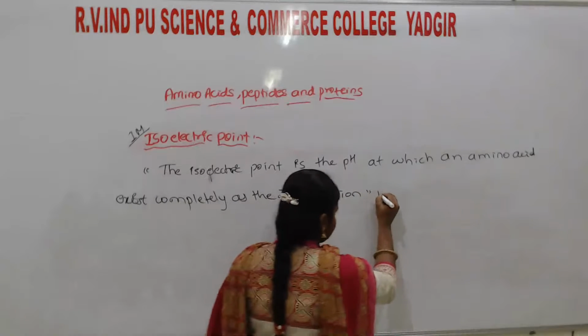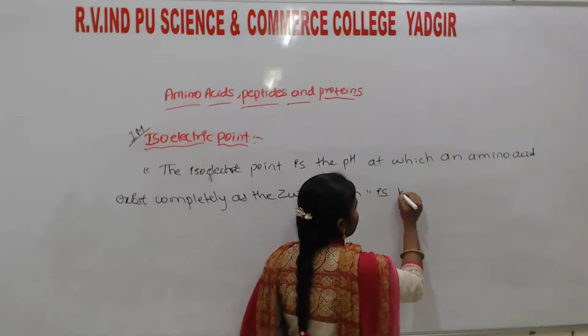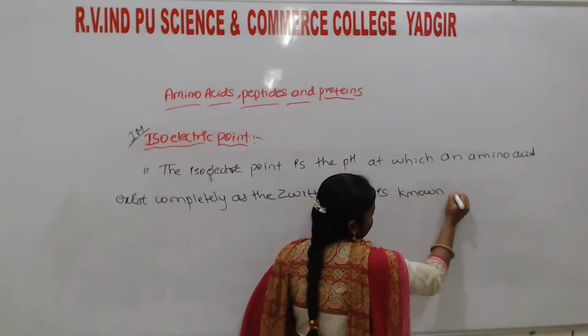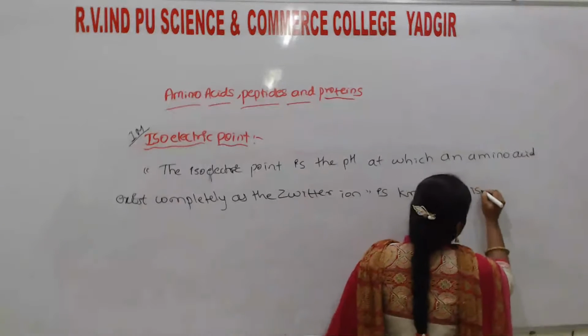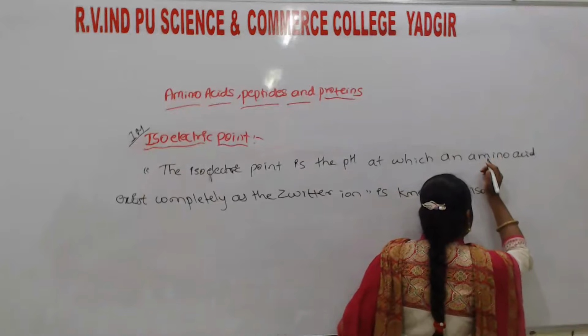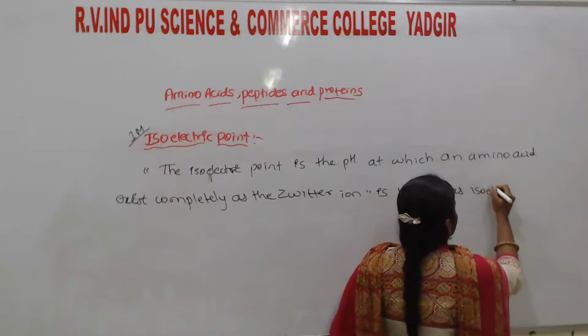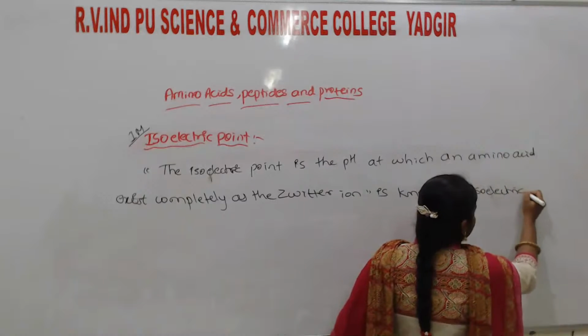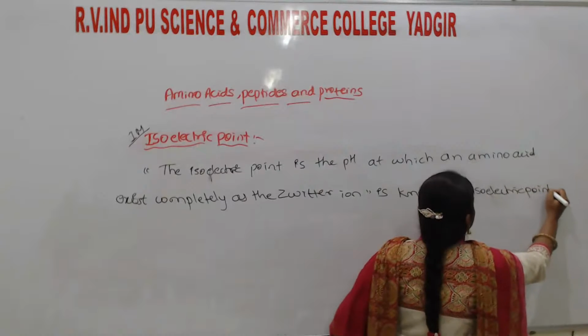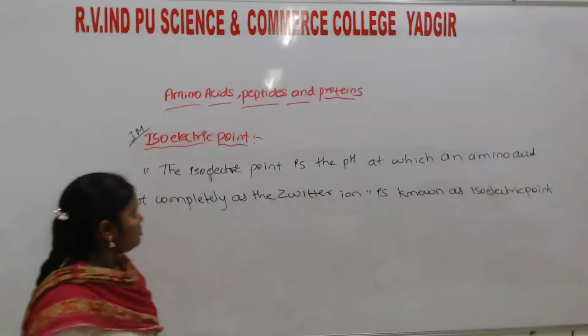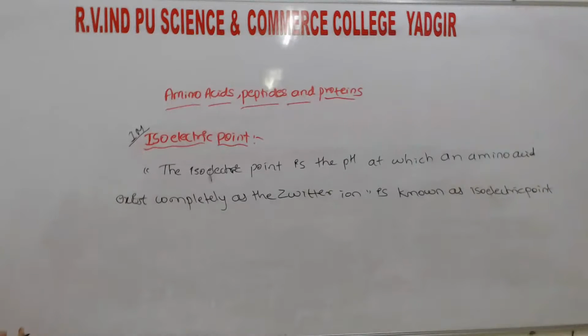This is the definition: the isoelectric point is the pH at which an amino acid exists completely as the zwitter ion is known as the isoelectric point.